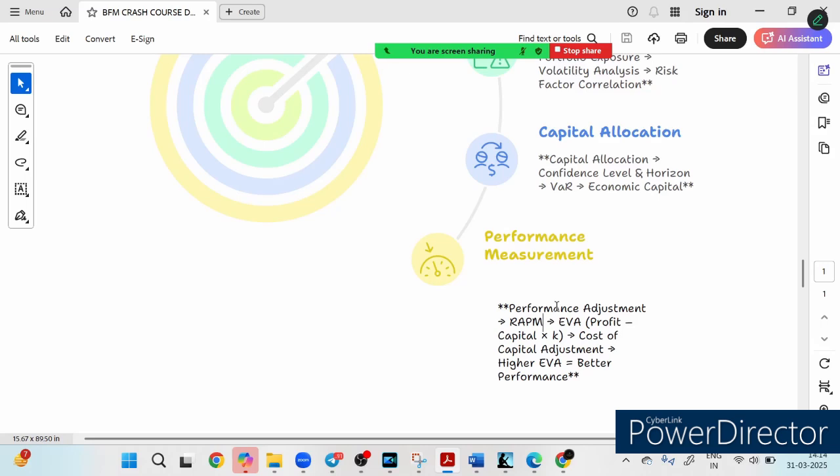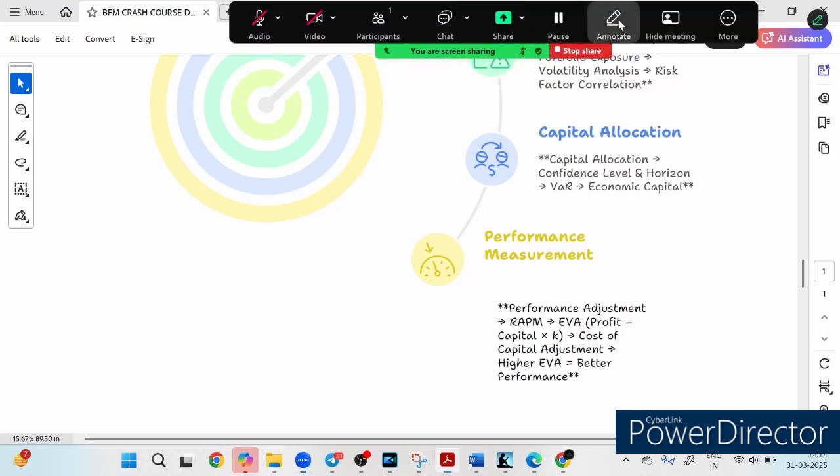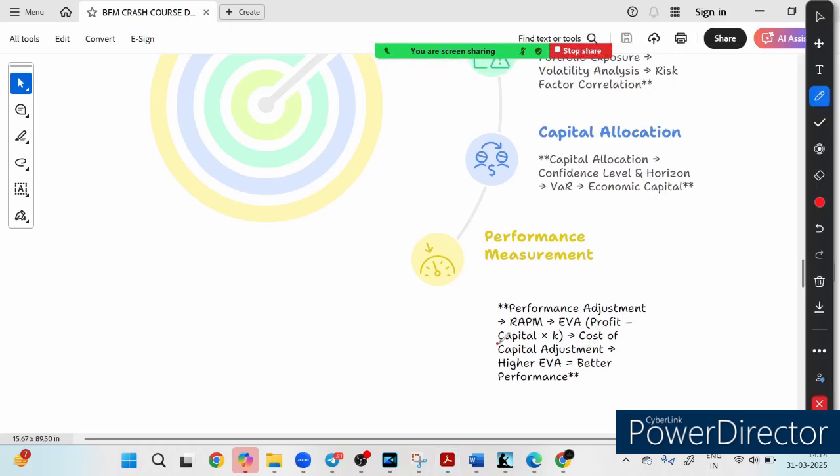So higher EVA means better performance. The formula for EVA is profit minus capital times K. Remember this formula. EVA is another economic metric that helps you decide whether an investment is worth the risk. So the bottom line is that RAROC is like a GPS for financial decision making, guiding business toward profit while staying mindful of risk.